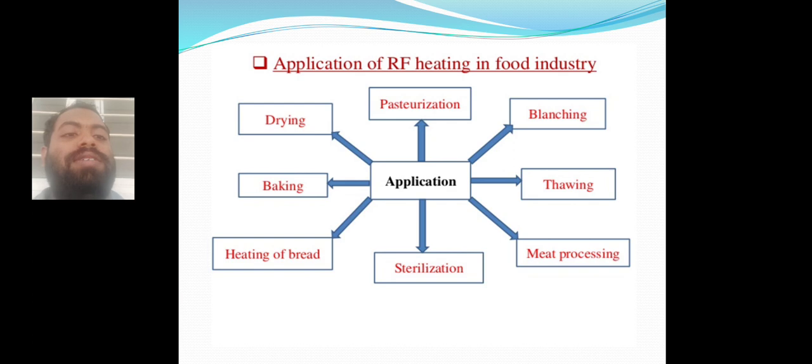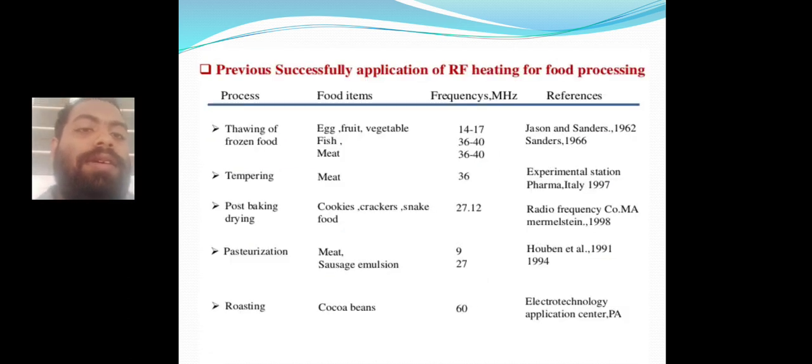These are the applications of RF heating in the food industry. It is used for pasteurization, blanching, thawing, meat processing, sterilization, heating of bread, baking and drying. And these are the previous successfully applied applications of RF heating for food industries. For thawing of frozen food, for example fish, meat and egg, the frequency ranges from 14 to 17 and 36 to 40 MHz, taken from the reference Jason and Sanders 1962.